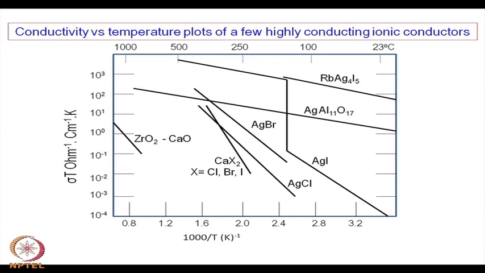And the only example in this figure of an oxygen ion conductor is calcia stabilized zirconia, which has been mentioned earlier, but we will see later on that other stabilizers like yttrium oxide, scandium oxide, etc., also make a very good oxygen ion conductor, and the conductivities are comparatively higher compared to this calcium stabilized zirconia.